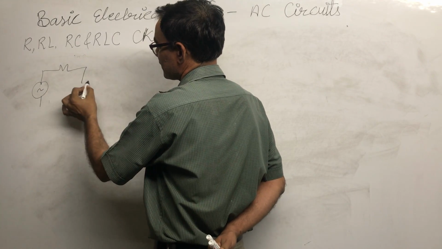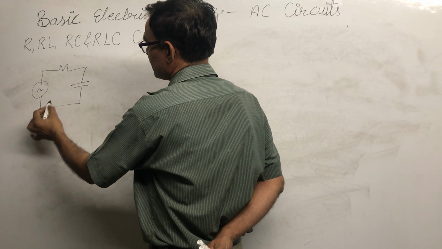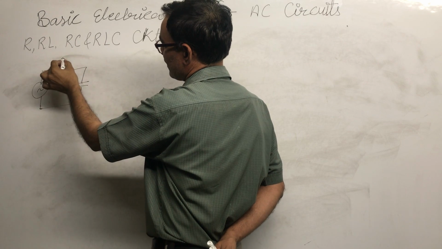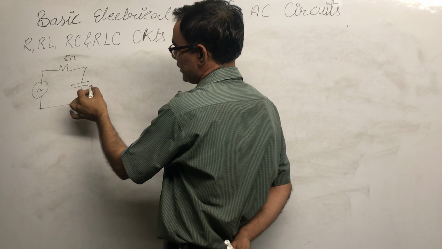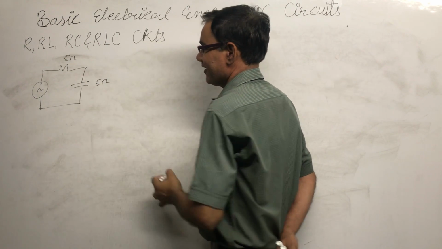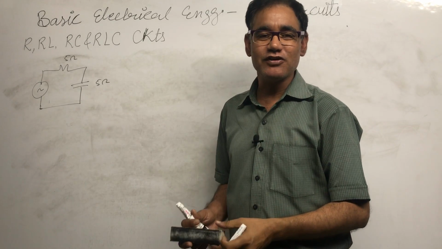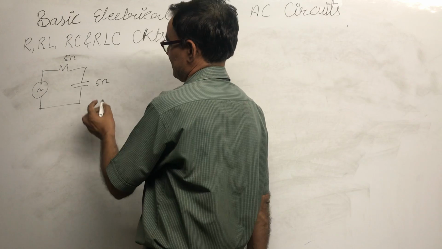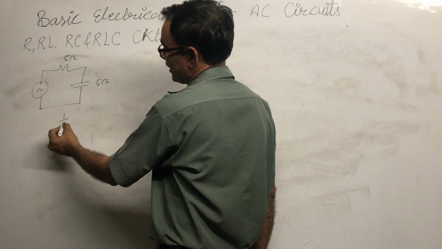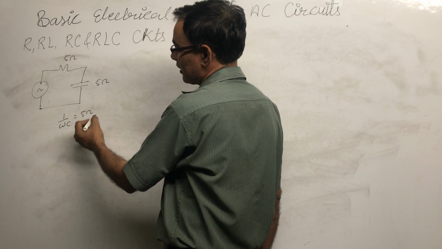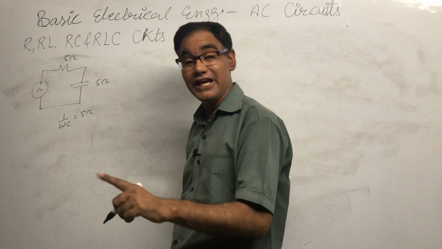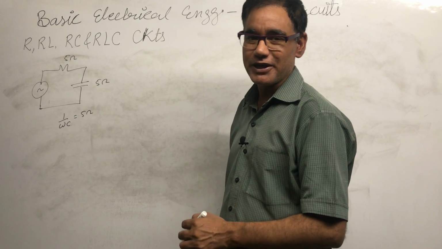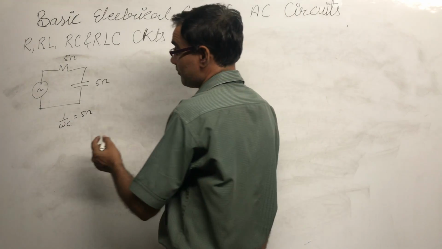One is R and the other is C. Suppose that the value of R is 5 ohm and the value of C is 5 ohm. 5 ohm means its value is given in ohm, that is, 1 upon omega C is 5 ohm. Not that C is 5 ohm. C is given in farad, but 1 upon omega C is the impedance offered.